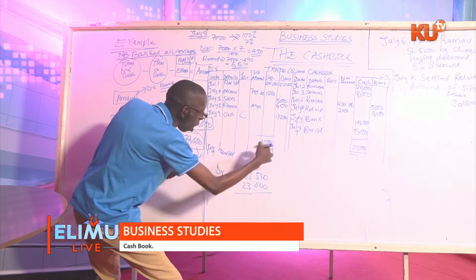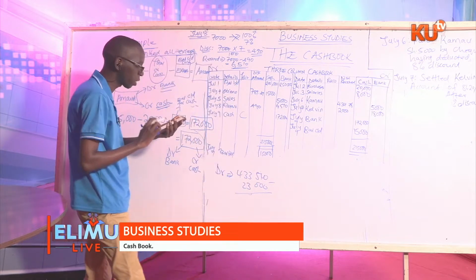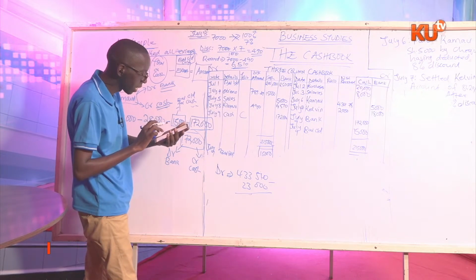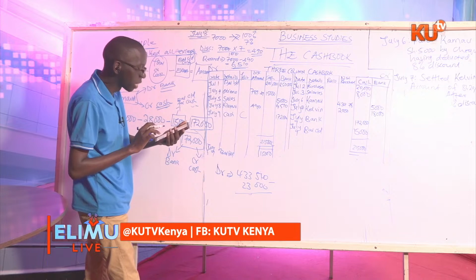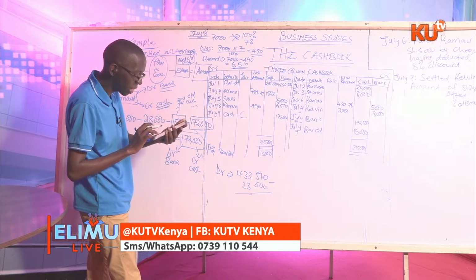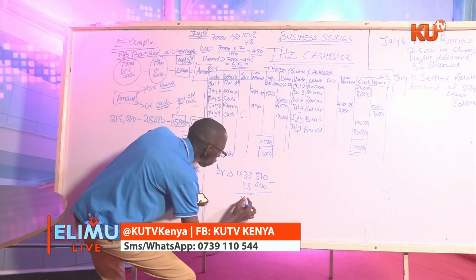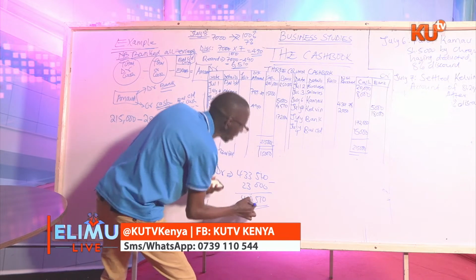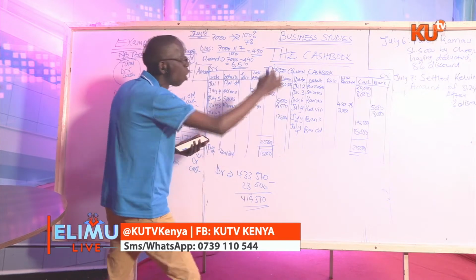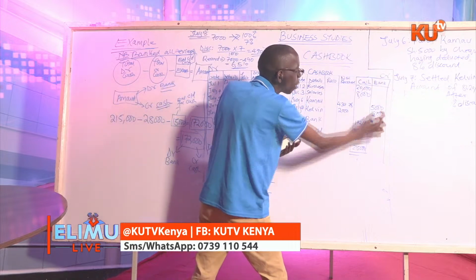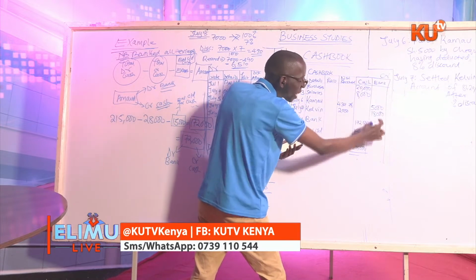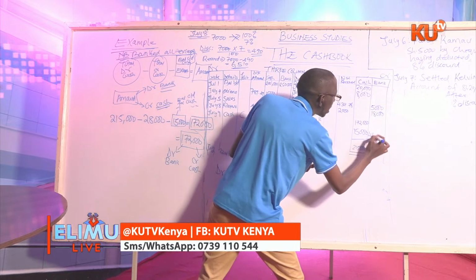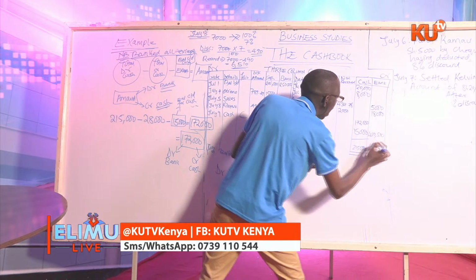So you take the more amount minus the less amount, 433,510 minus 23,000, you get 410,510. This is the balance carried down of bank. Go to the side with the less amount and write the difference, 410,510.